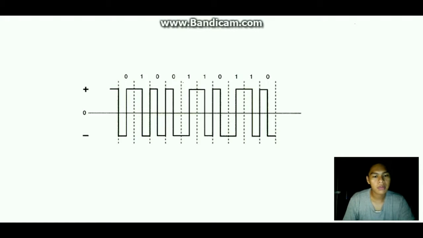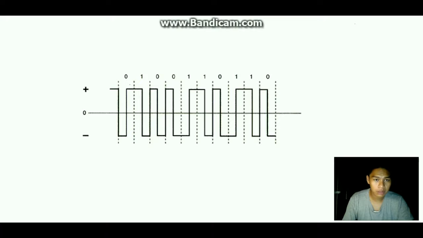And from here we can see a transition means binary 0 and no transition means binary 1. So the differential Manchester encoding requires 2 signal changes to represent binary 0, but only 1 to represent binary 1.